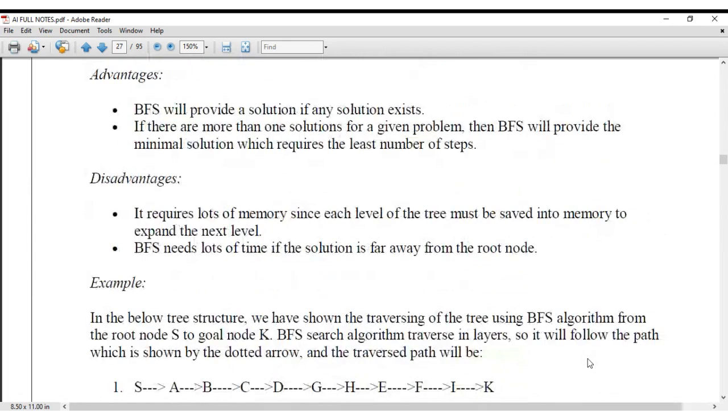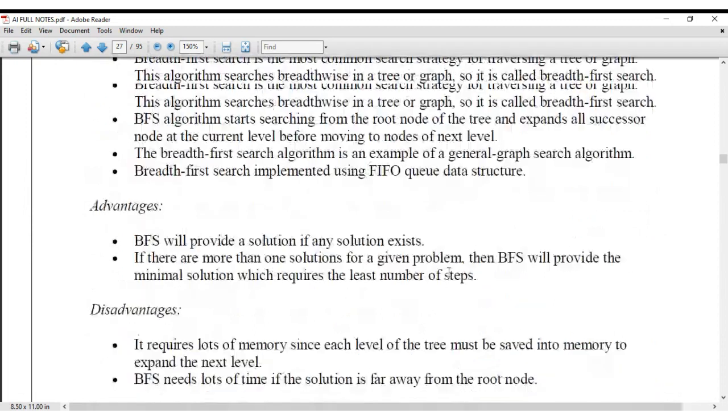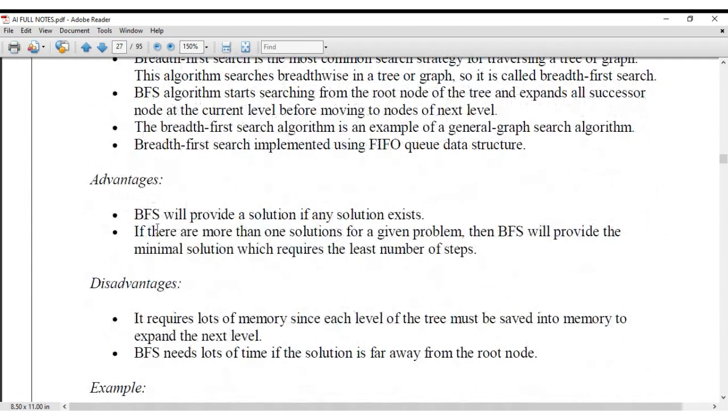So what are the advantages? The advantage of breadth first is that it will provide a solution if any solution exists. Why? Because it searches widely. So it is able to determine a solution. One thing about breadth first or depth first, let me just hint something about depth first.